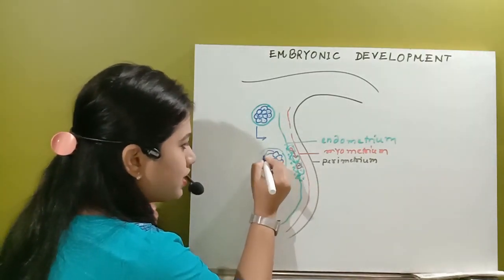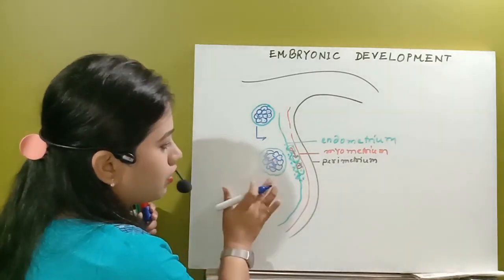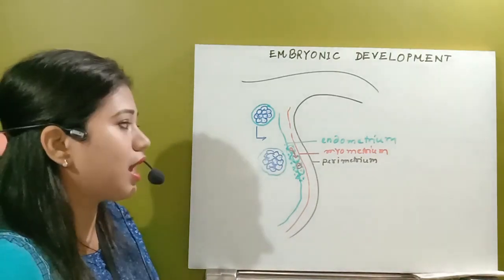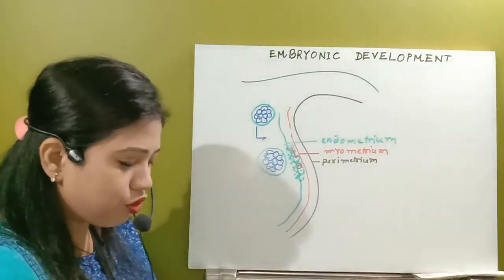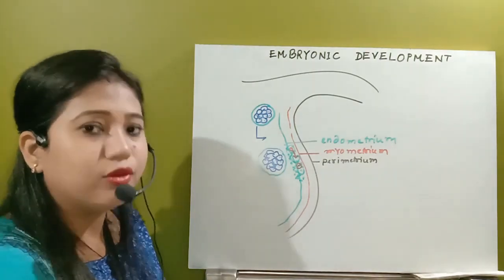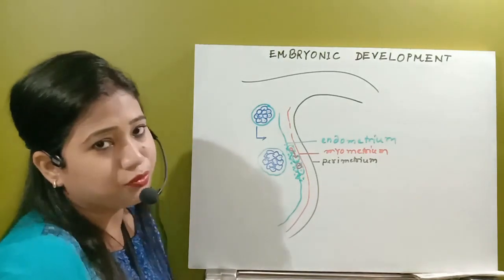So just see what is happening here. In this time period, whenever edema is occurring in the endometrium, the endometrium starts to secrete a fluid, and that fluid will be absorbed by this morula.